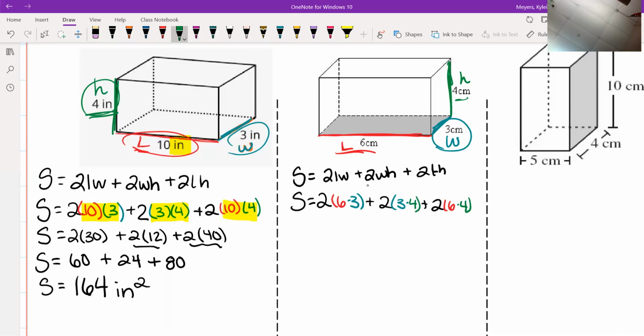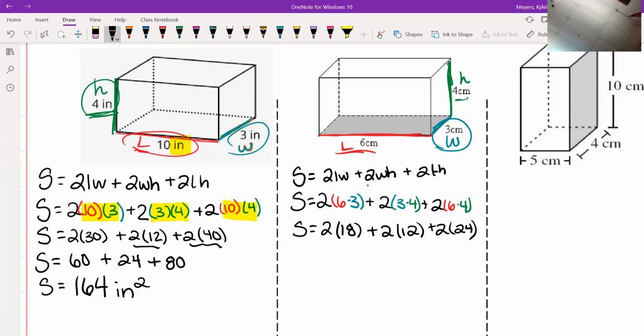Okay, now simplify in the parentheses first, right? So we're going to do 6 times 3. 6 times 3 is 18. Bring down your plus 2. 3 times 4 is 12. Bring down your plus 2. 6 times 4 is 24.